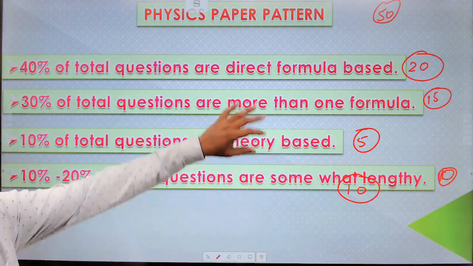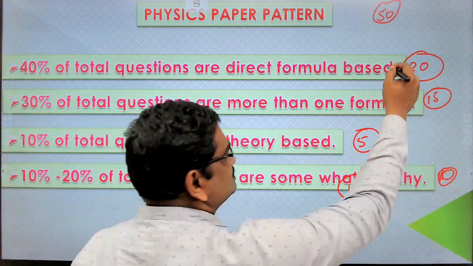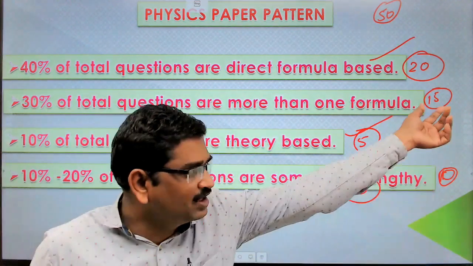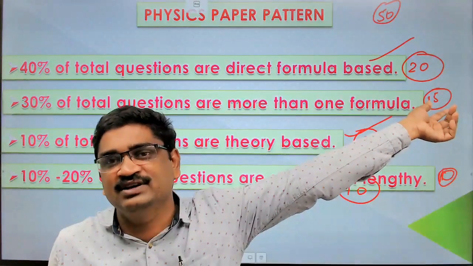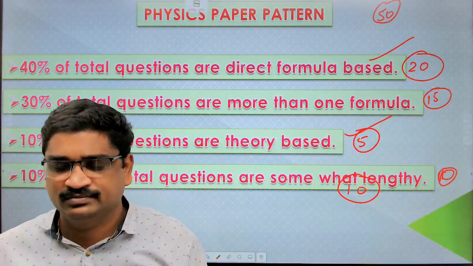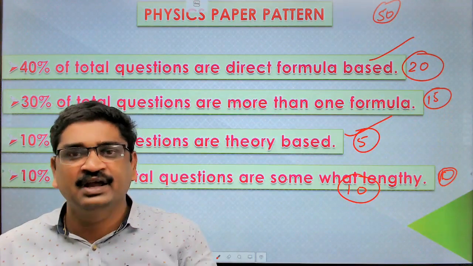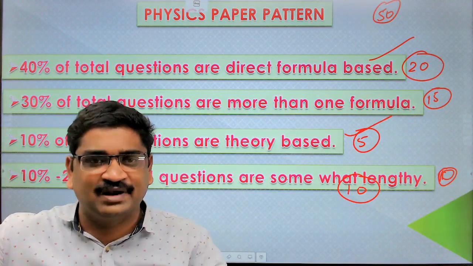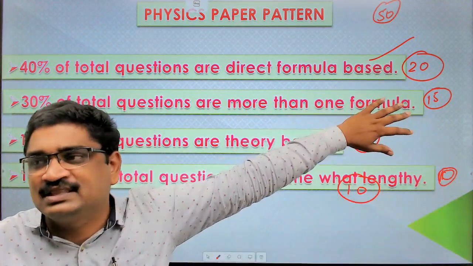Now, among these four types, you can answer the first and the third easily, and if you know the formulas, the second also easily. That means around 35 questions are in your range. If you know the basic concepts and basic formulas, you can answer these 35.